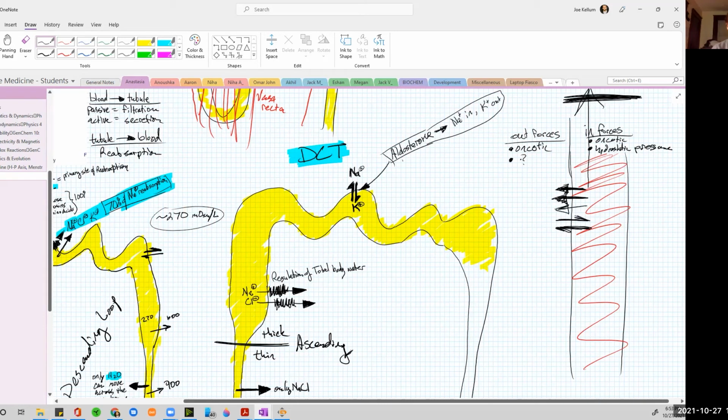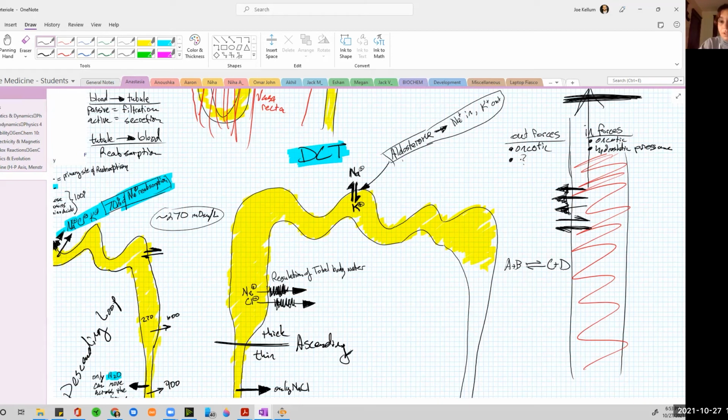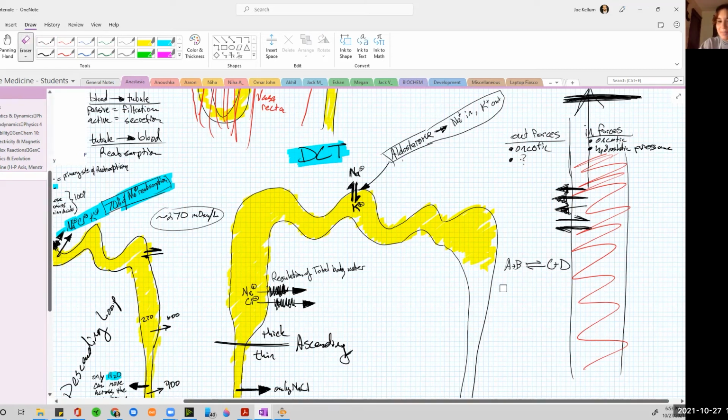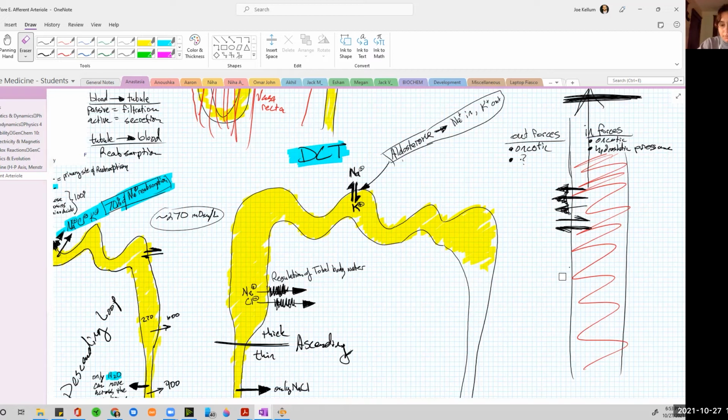If you want to think back to some of the gen chem stuff, we're basically increasing the products, and whenever we increase the products, it causes a shift toward the reactants. Now I'm reaching, but it actually is the same thing. So you get tons of water leaving the vasculature into the surrounding tissues, and that's what's responsible for edema.